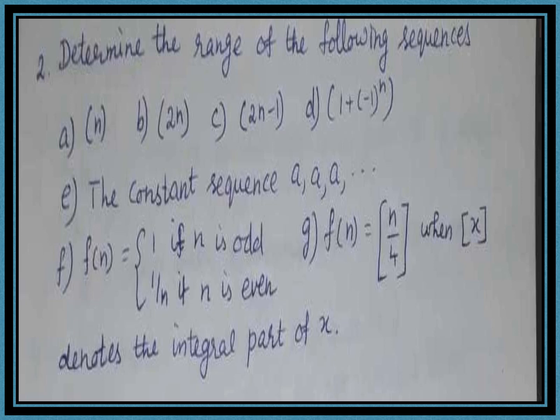When I put n = 2, I'll get the value as 2/4, that is 1/2, that is 0.5. Therefore, its integral part is again 0. When I put n = 3, I'll get 3/4, again 0.75, whose integral part is 0. When I put 4, I'll get 4/4, that is 1, whose integral part is 1, and so on. So you can find the range of these sequences.